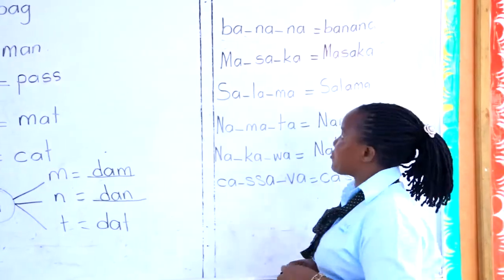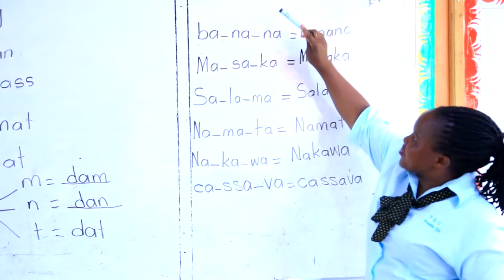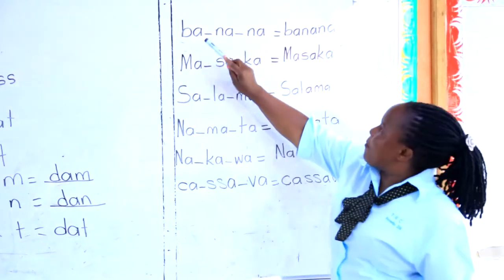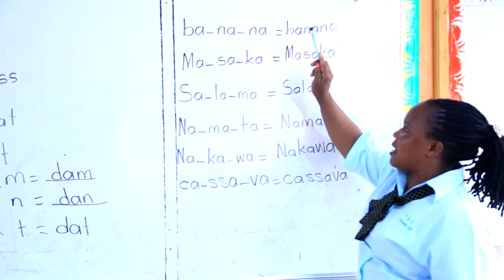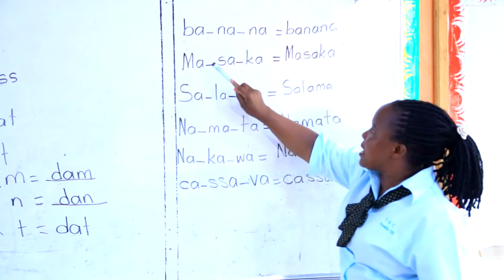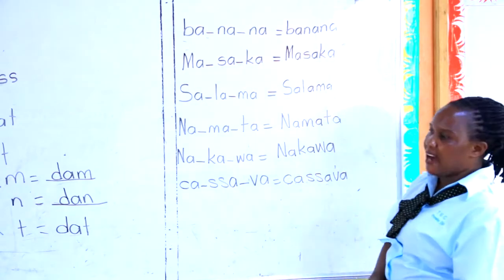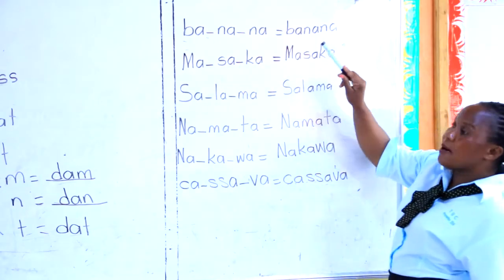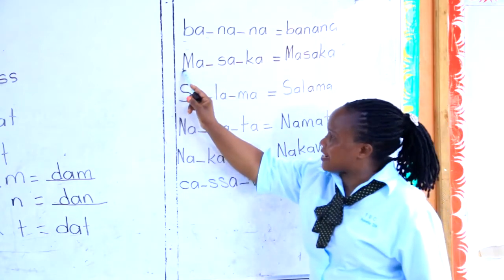Let's blend the first word. Banana. The word is banana. Very good. Masaka. The word is Masaka. Okay? Do you know why I've used the capital letter here?